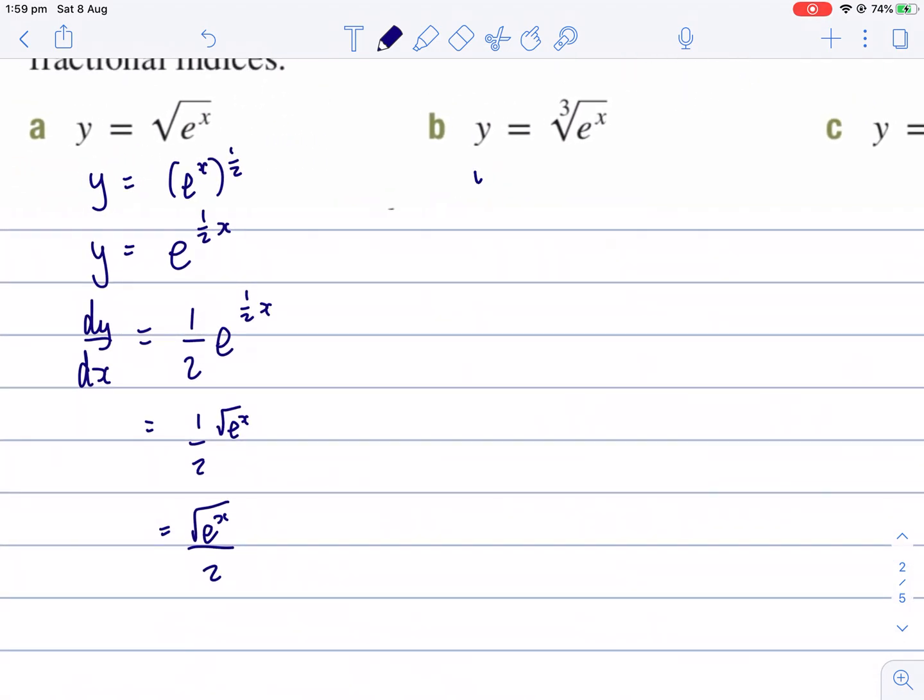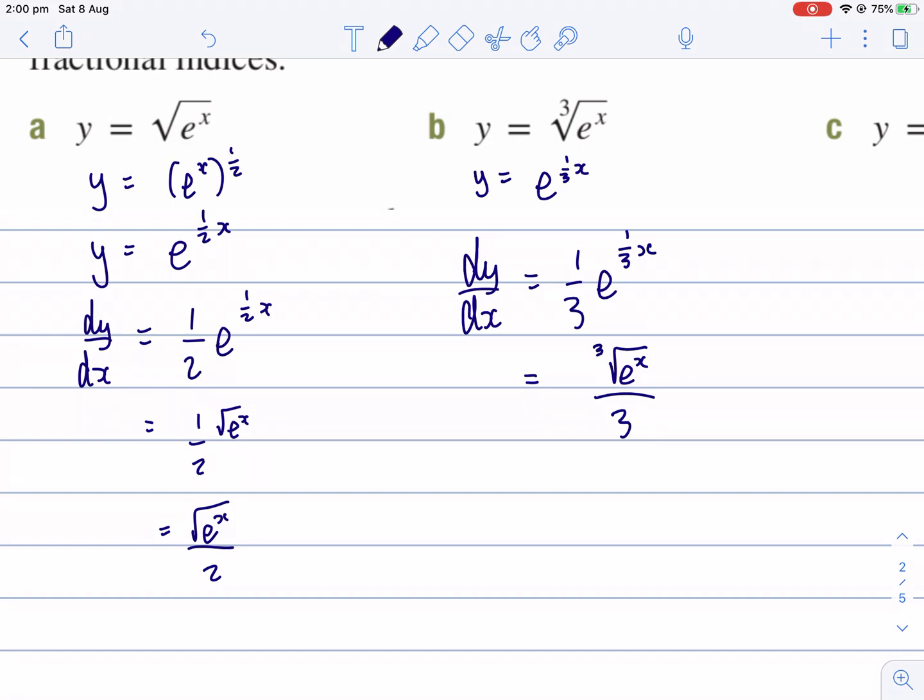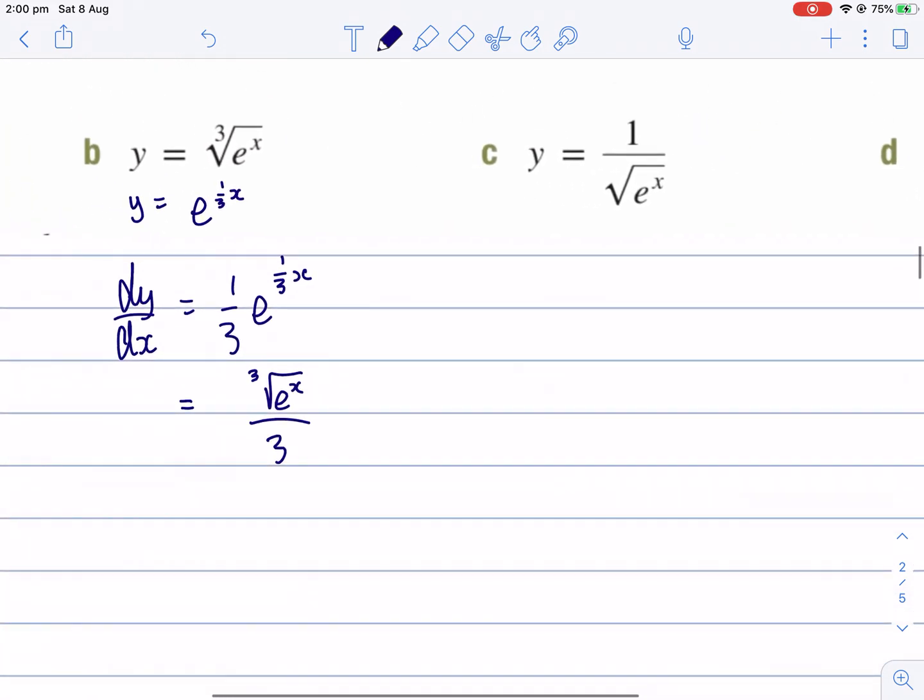Alright, this one is e to the third x, so dy/dx is a third e to the third x, which is the cubed root of e to the x on 3. This one, we've got e to the negative 1/2 x.